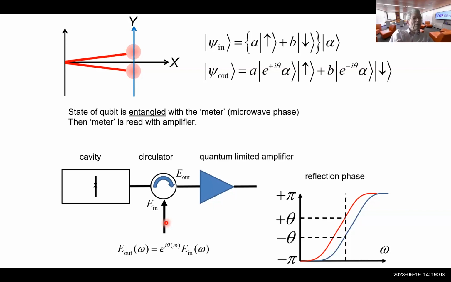And how high Q they have, if it's superconducting, is mostly determined by how strongly you couple them to the outside world. So if you want to send signals into the readout resonator and measure its frequency, you have to open a door and let signals in and let them come back out. So the wider that door is open, the lower the Q of that cavity, but the faster you can make a measurement.